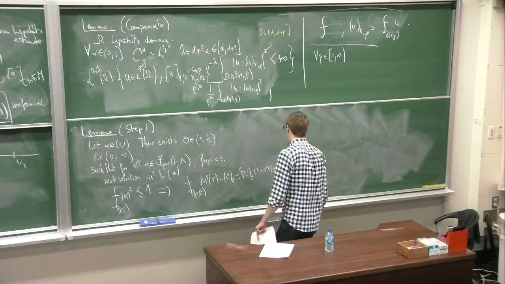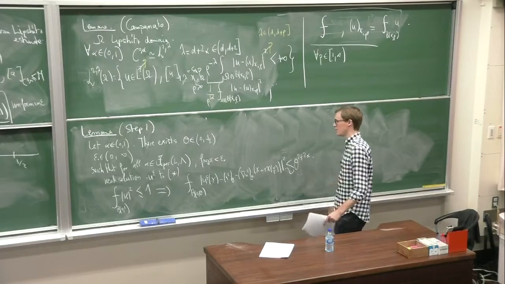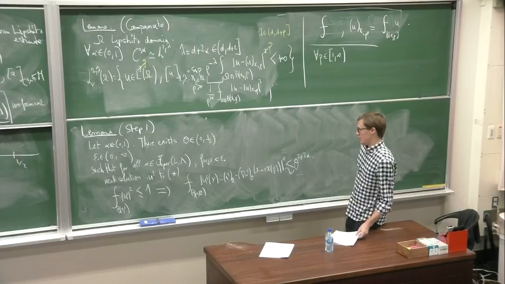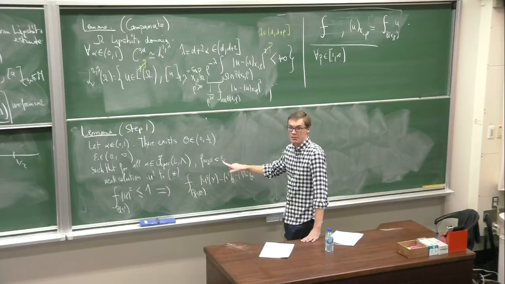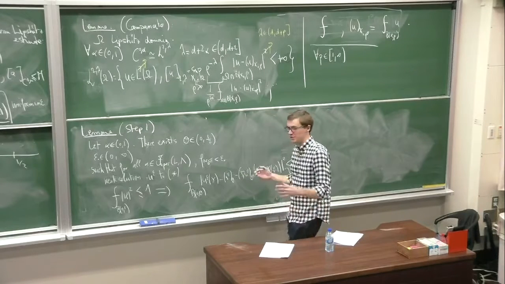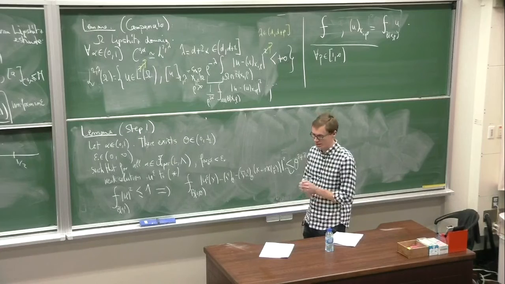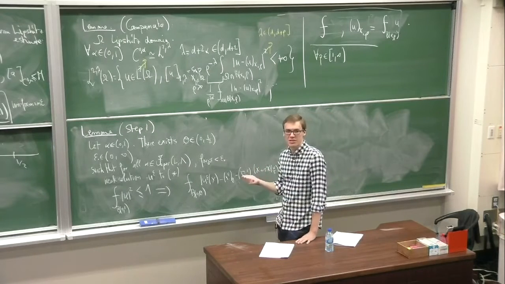This will be smaller than theta to the 2 plus 2 alpha. Here the main point is uniformity in epsilon, but only for epsilon sufficiently small. That makes sense because you're using the limit equation, and the limit equation can only give you information if epsilon is sufficiently small.